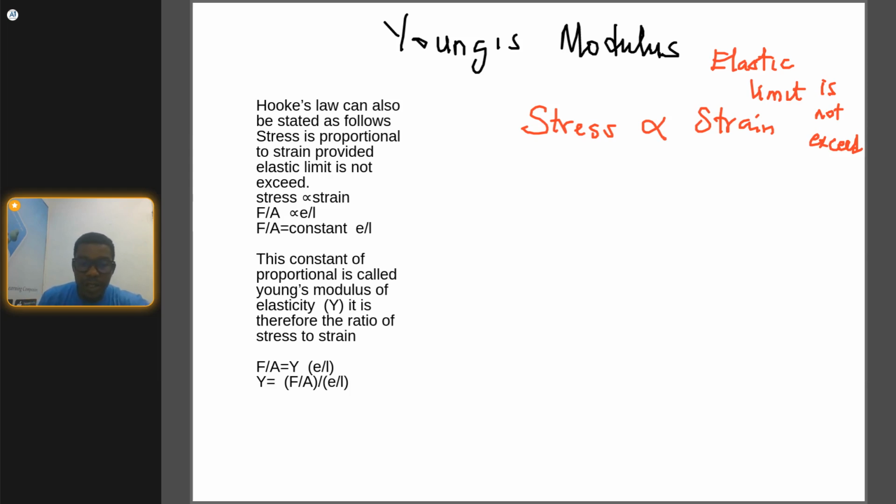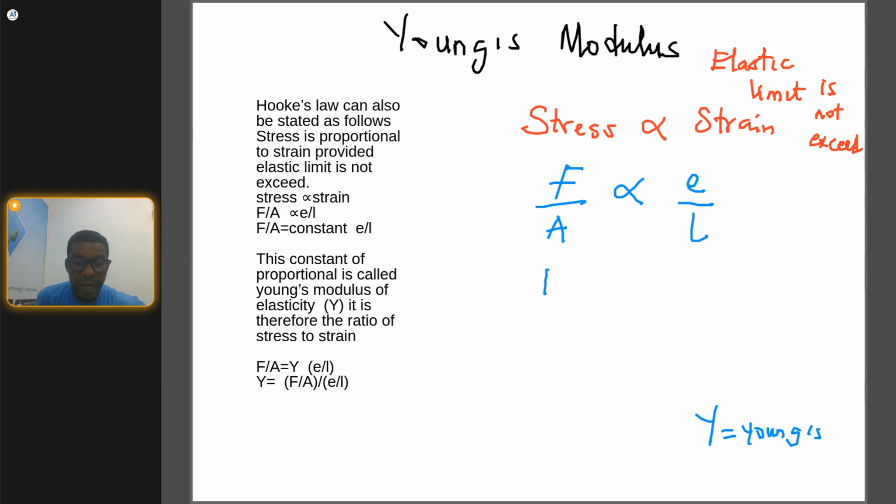So if our stress is directly proportional to strain, and we already expressed this mathematically, we said stress is F over capital letter A, directly proportional to the strain. We said it is extension e over length, which is L. All right. Now, this is an expression. We need to introduce a constant. And the constant we are going to introduce is letter Y, which represents Young modulus.